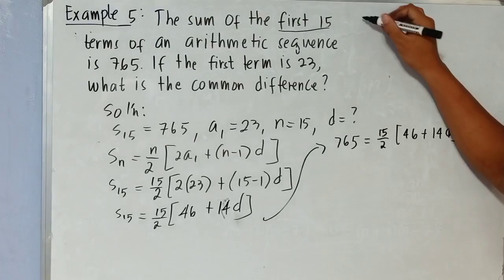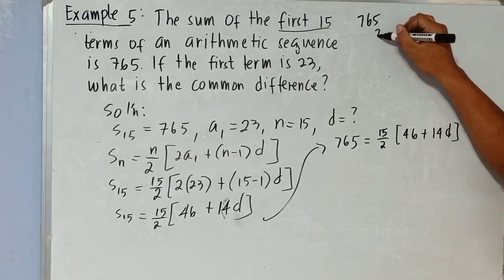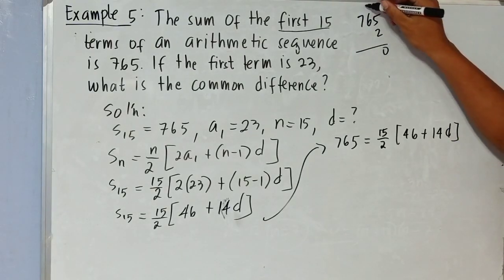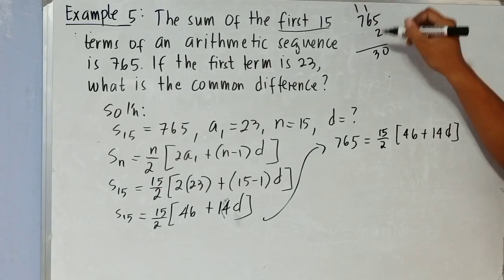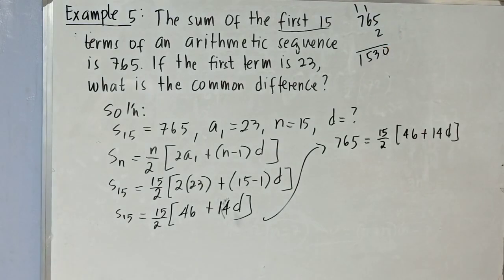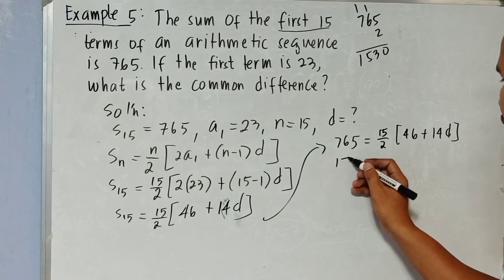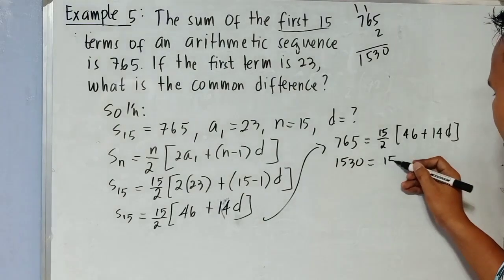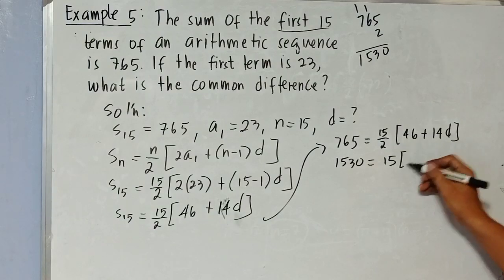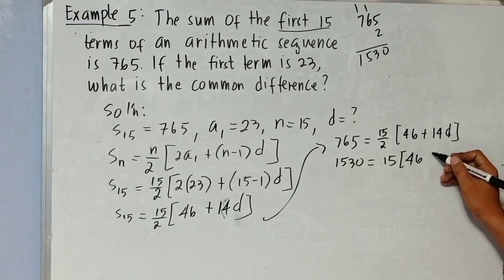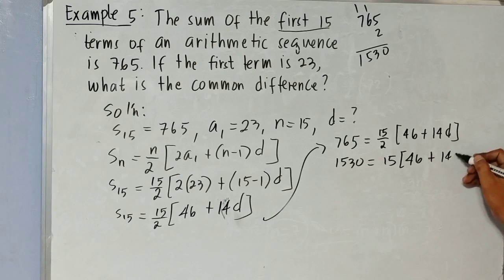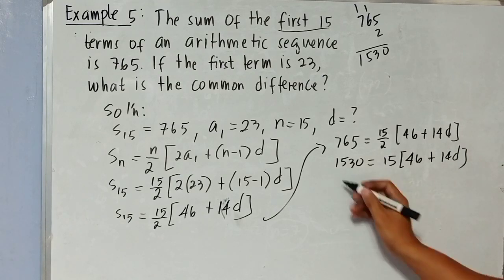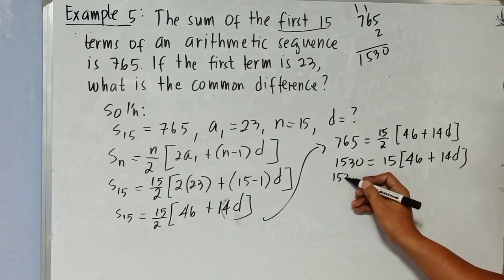So, multiply 765 times 2. That's 1,530. So 1,530 equals 15 times 46 plus 14d. Okay, copy 1,530.